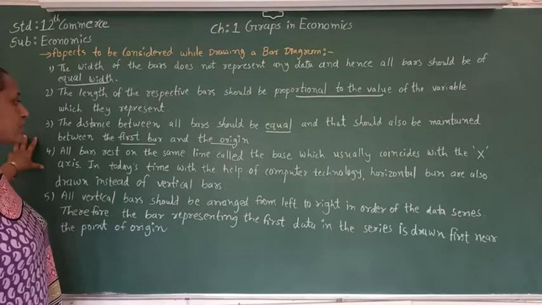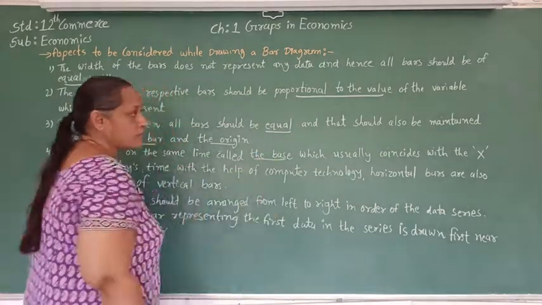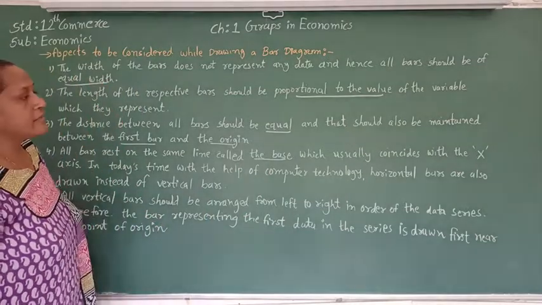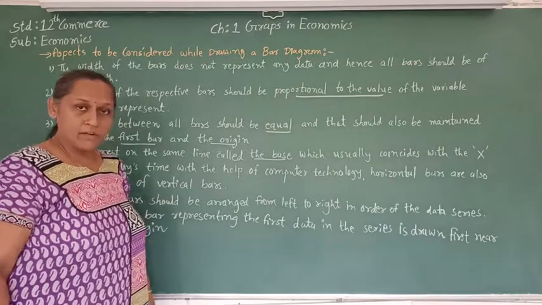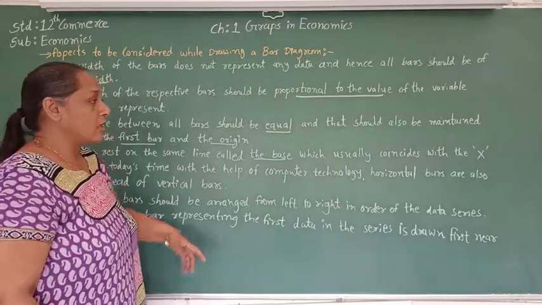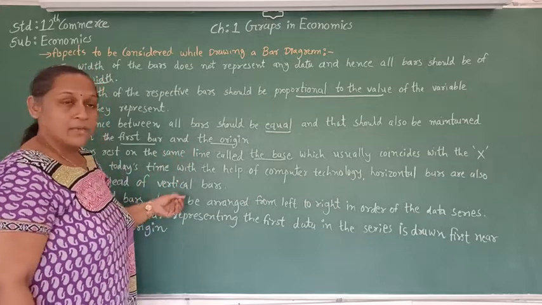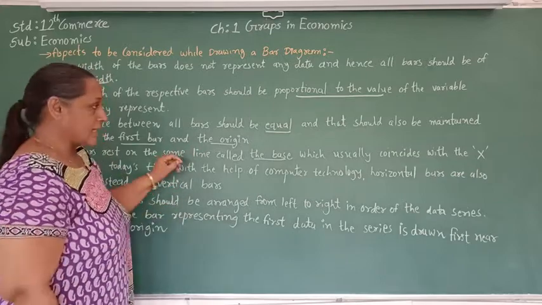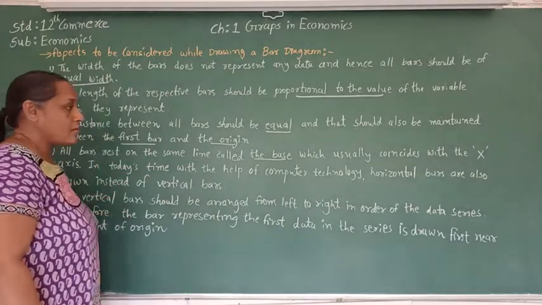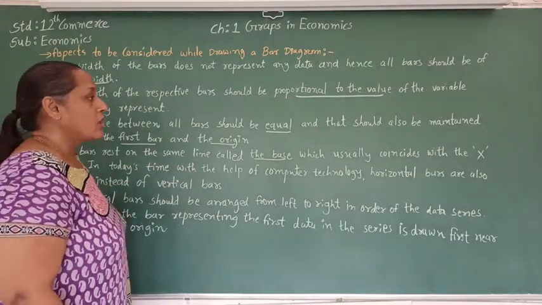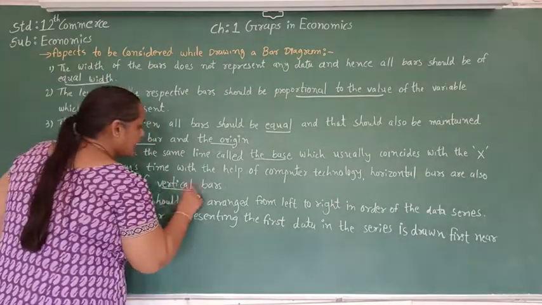The fourth one is that all bars are placed on the same line called the base, which usually coincides with the x-axis. Whatever bar we are drawing on the x-axis, it is the base, and it must be on the x-axis. And in today's time, with the help of computer technology, horizontal bars are also drawn instead of vertical bars.